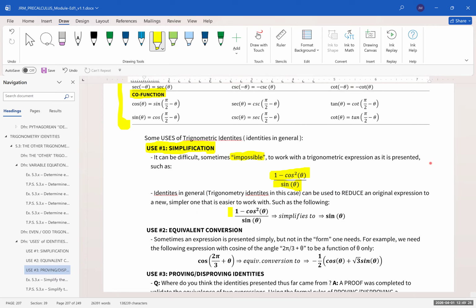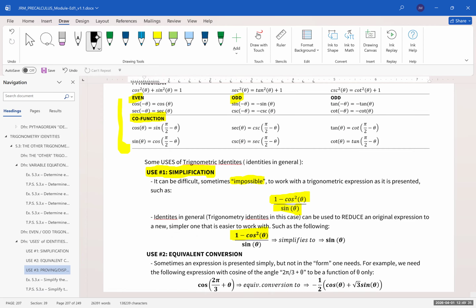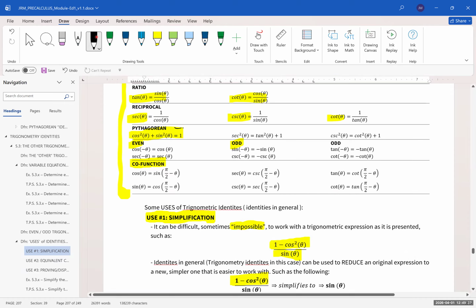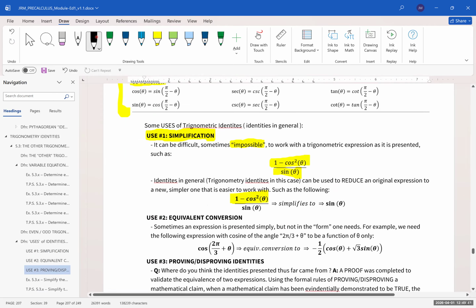So for example, 1 minus cosine squared theta, we can use this Pythagorean identity, and 1 minus cosine squared actually is equal to sine squared theta. And so you've got sine squared theta all over sine theta, and one of these cancels with one of those, and this is what you get.